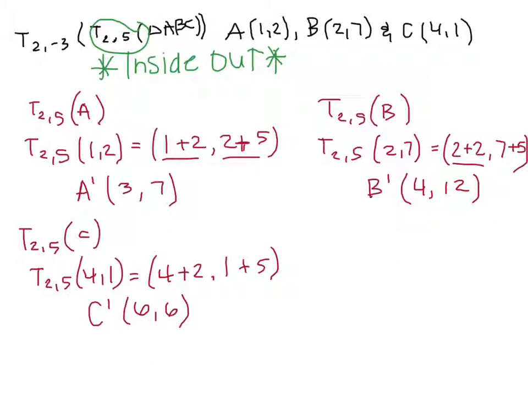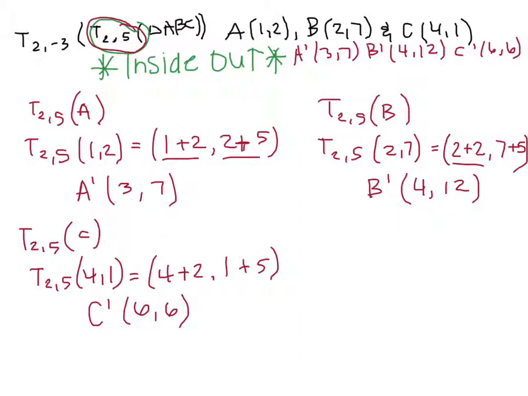So I have these 3 new points. I have A prime that's at the point 3, 7, B prime that's at the point 4, 12, and C prime that's at the point 6, 6. That's only with me doing my first translation.